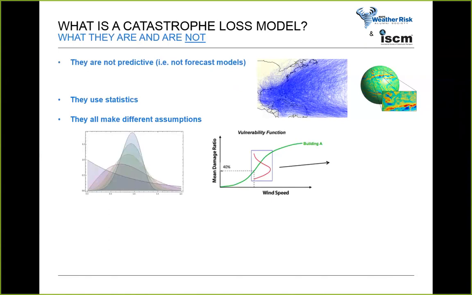Furthermore, every CAT model makes different assumptions, whether it's with regard to the frequency or severity of landfalls along the coast, what is the likelihood of a magnitude 8 earthquake in San Francisco, what is the vulnerability of wood frame single-family dwelling construction in a given state.